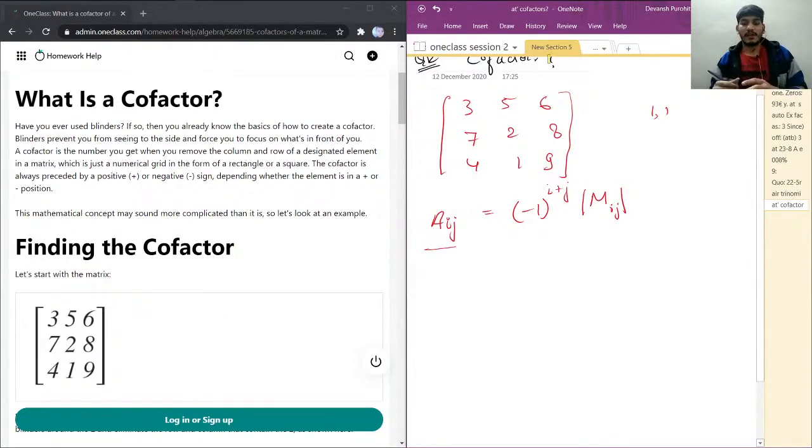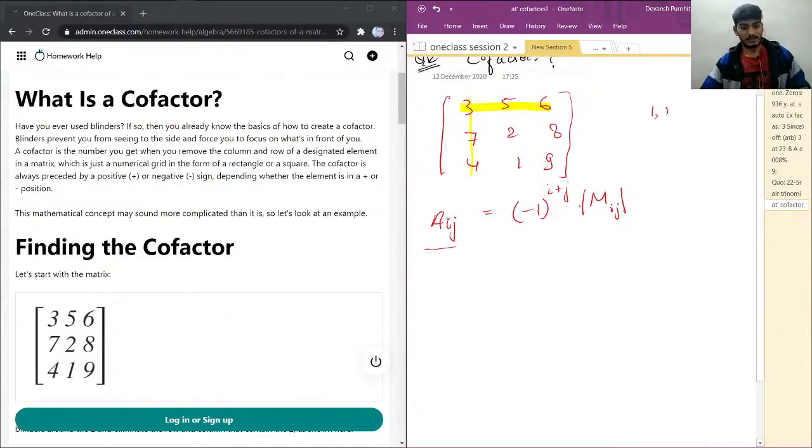So whenever we are trying to calculate the cofactor of any term in a matrix, what we do is that we just seal or block the row and column of that term. So basically here 3 is lying in the first row, I'll just block this first row, and it is lying in the first column, so I'll block this first column. So my remaining terms will be 2, 8, 1, 9, and this matrix of 2, 8, 1, 9 is going to be my minor matrix.